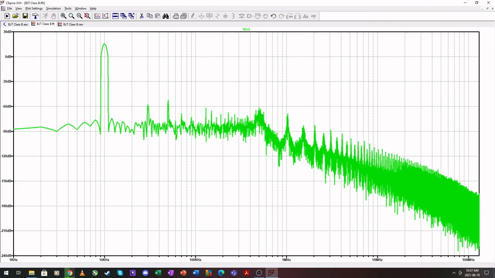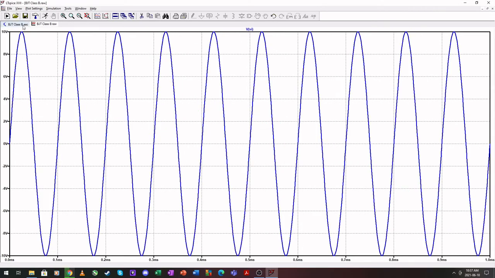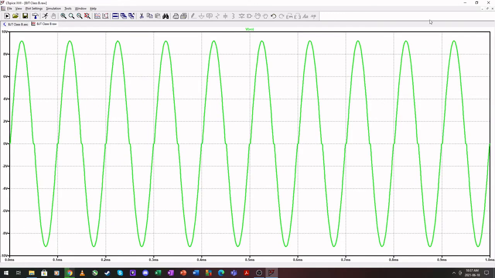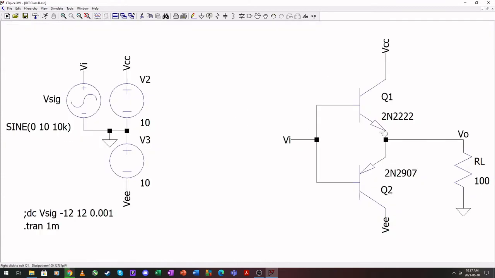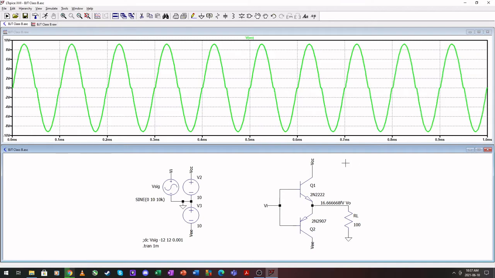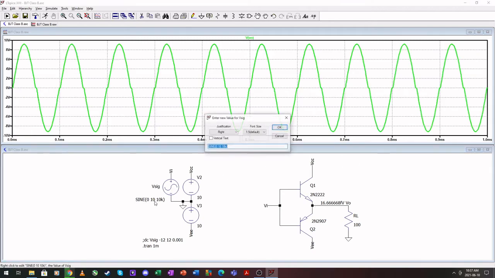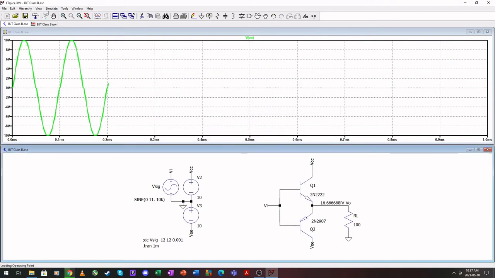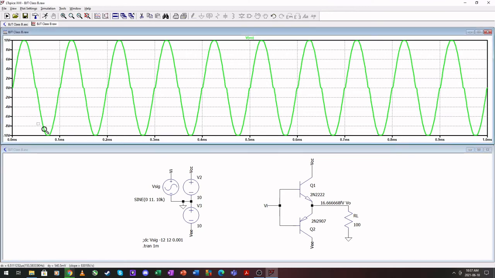So yeah, our output here, let's close this, I want to split view. Our output here of our distortion, if we make this 11.1 on the input side, we can reach our rails.